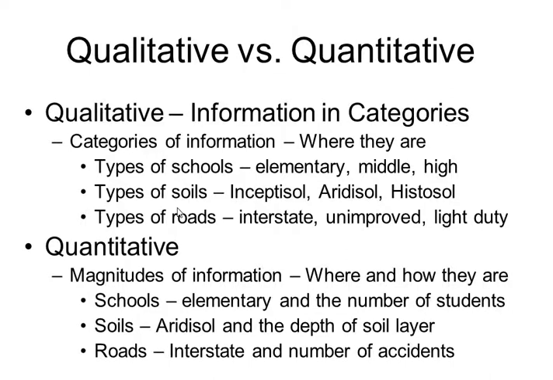And that's really different from quantity, because with quantitative maps, I want to look at the magnitude, the number of information. So when I'm looking at schools, I might map the number of students in elementary schools as opposed to the number of students in high schools, right? I'm looking at a quantity.